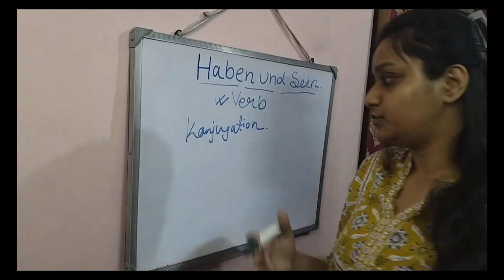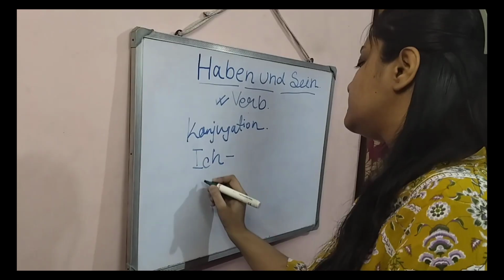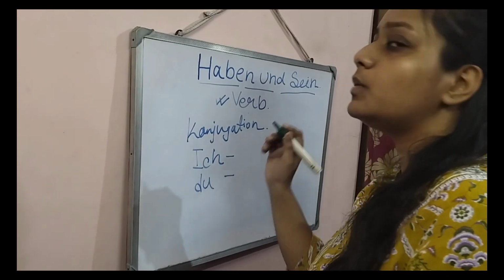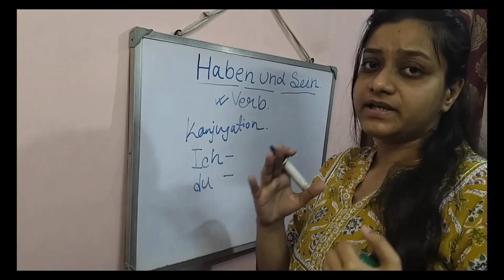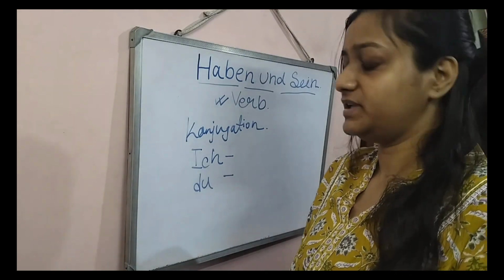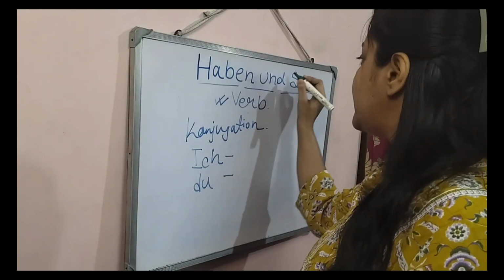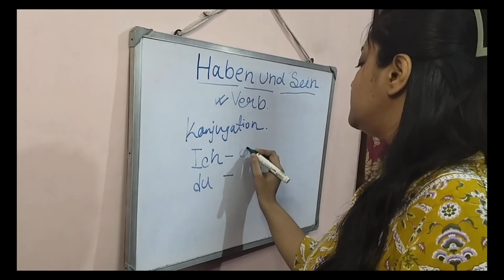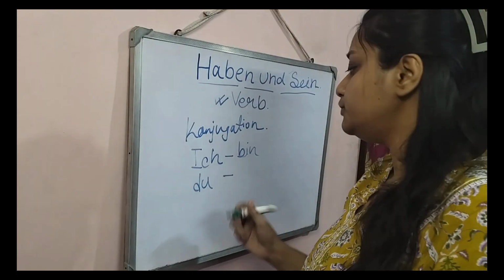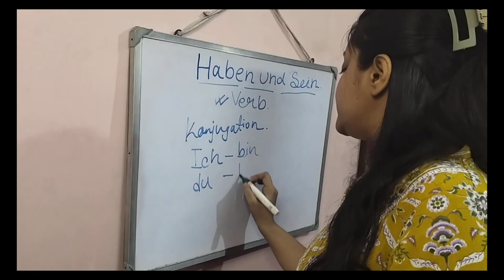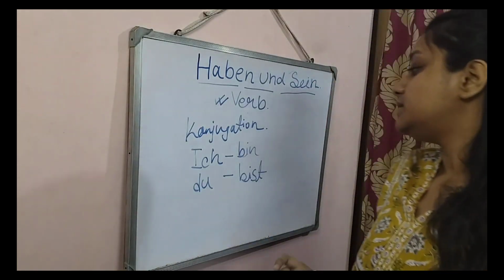So I will show you what that is. Like ich and du. What are ich and du? I will tell you in the next video in a particular topic. For ich, the sein verb would be bin, and for du it is bist.